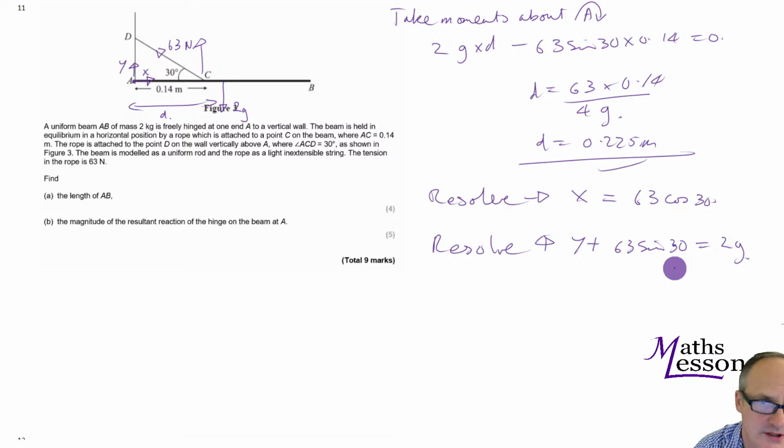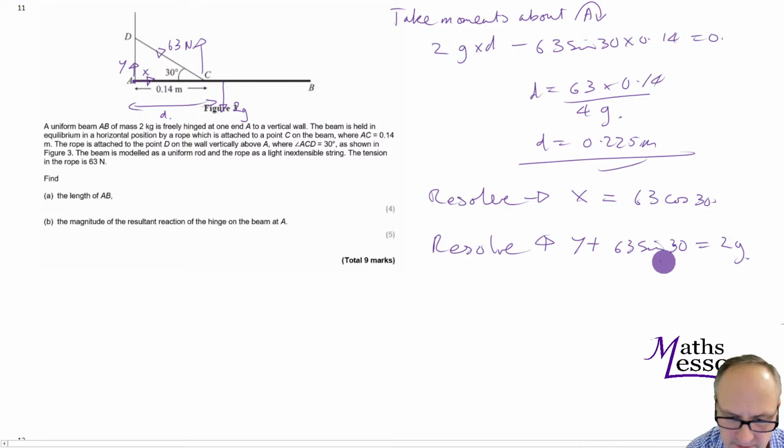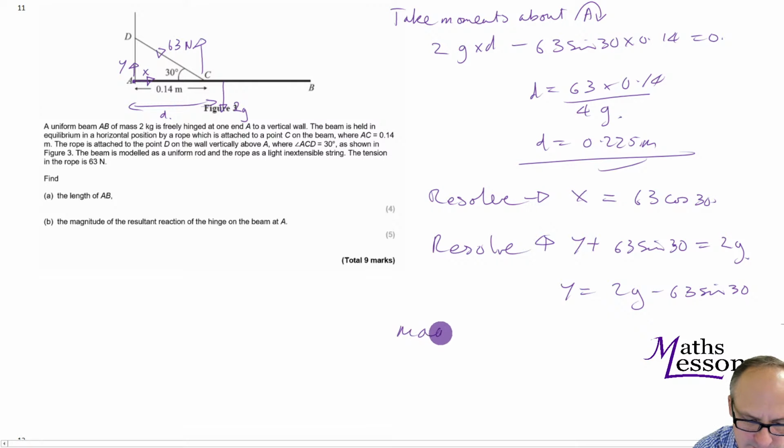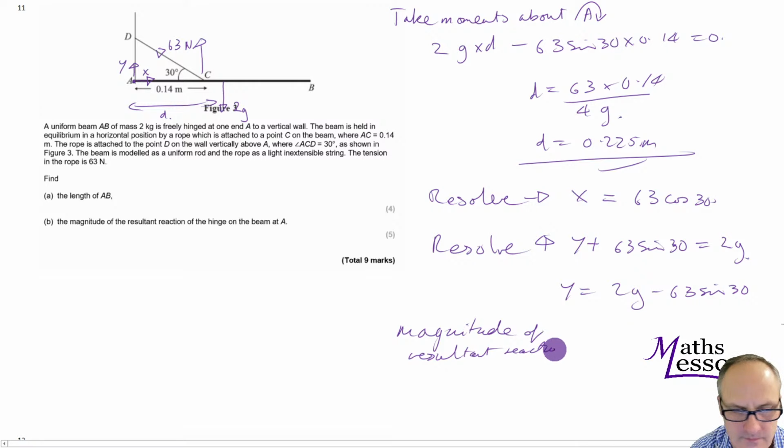Okay, so therefore we can find the magnitude. We can replace that Y is equal to 2G minus 63 sine 30. And then all we've got to do to find the magnitude of the resultant reaction is the square root of x squared plus y squared.